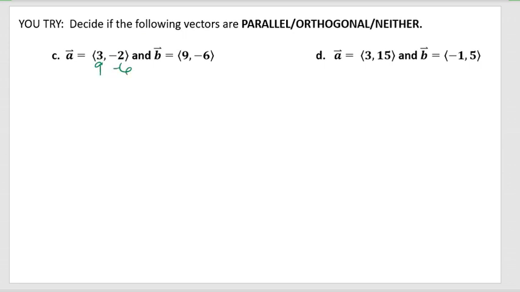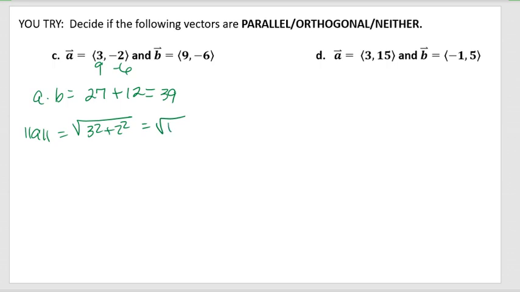We have 9, -6. So the dot product first, A dot B, is 3 times 9 is 27, plus 2 times 6 is 12. That's 39. Then we find the magnitude of A, which is the square root of 3 squared plus 2 squared, which we've already figured out is the square root of 13. The magnitude of B is the square root of 9 squared plus 6 squared, which is 81 plus 36, which is 117, I believe.